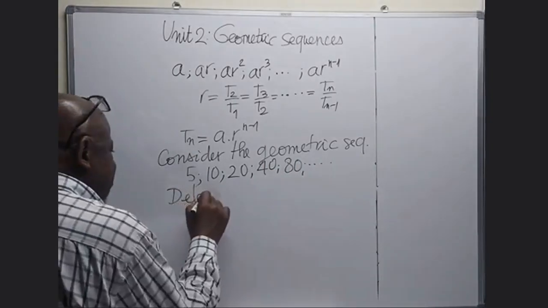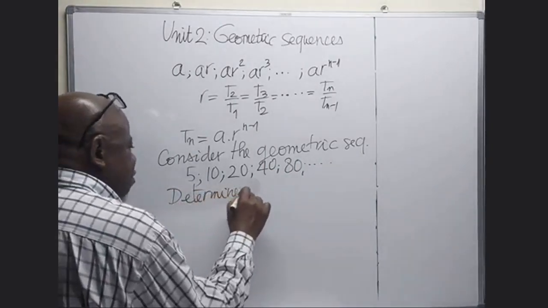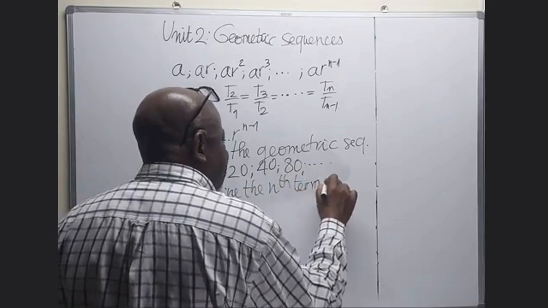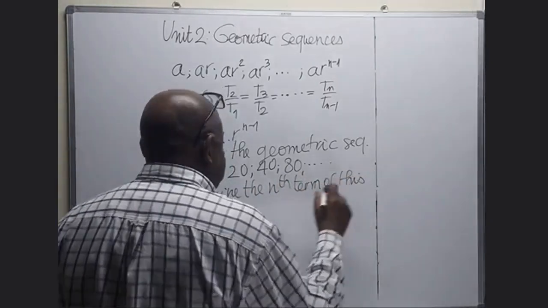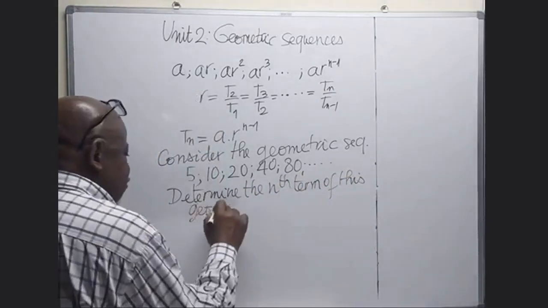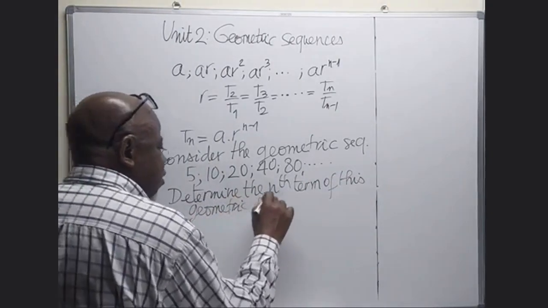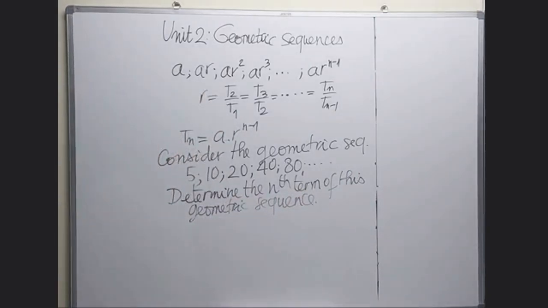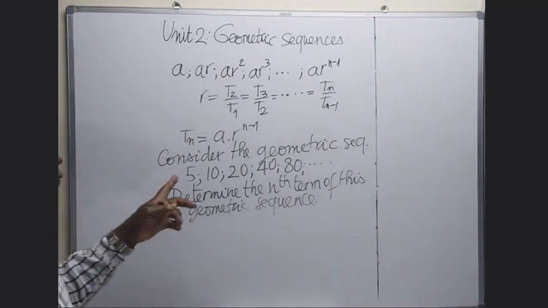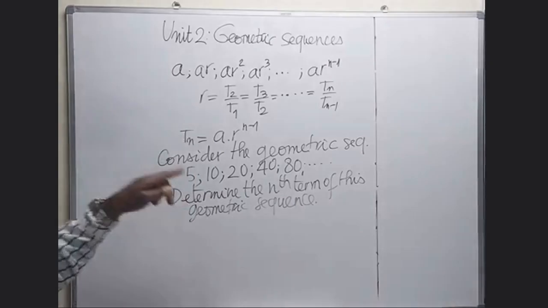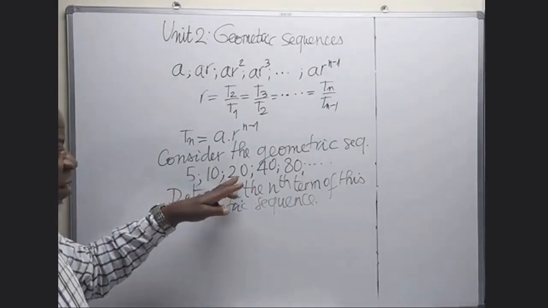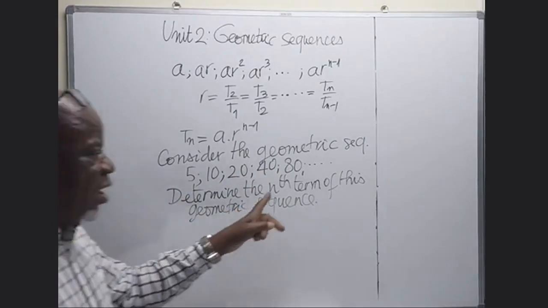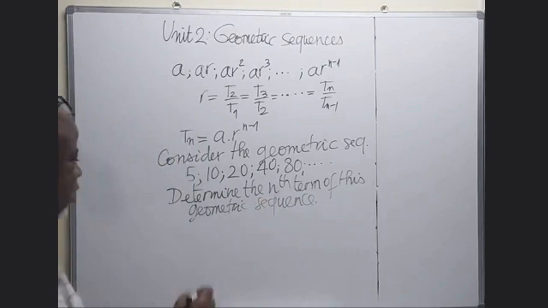Determine the nth term of this geometric sequence. Our geometric sequence has term number 1 as 5, term number 2 as 10, term number 3 as 20, and so forth. So they want us to determine the nth term of this geometric sequence.